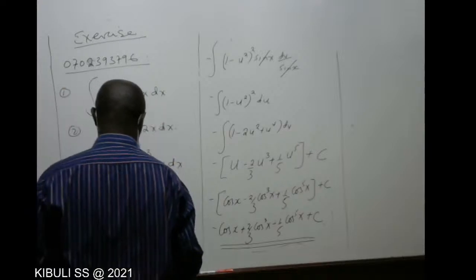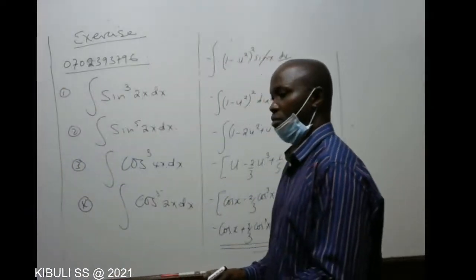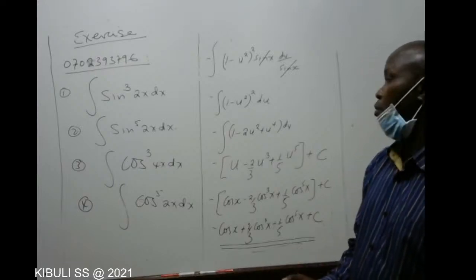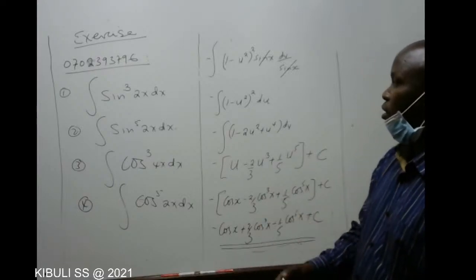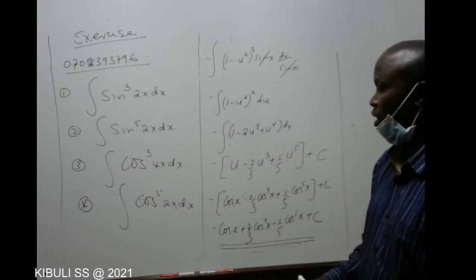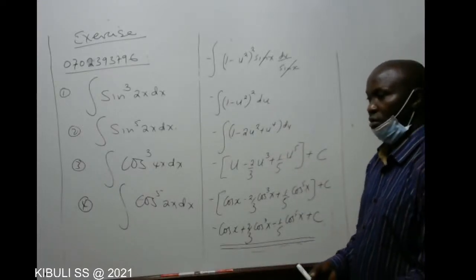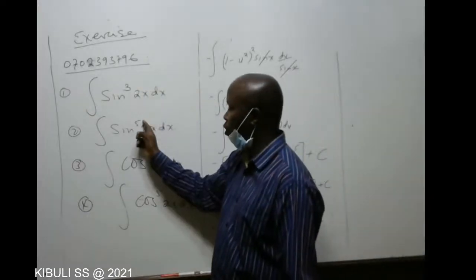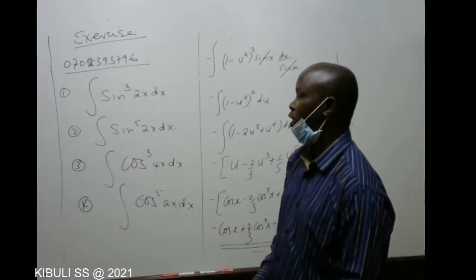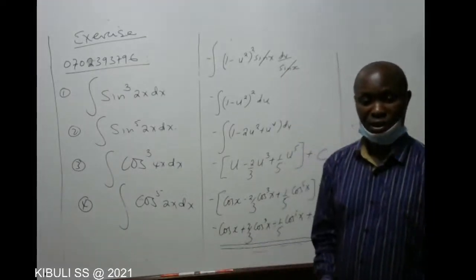These are all odd powers, which means the same principle is going to work. And what's the principle? The principle is using Pythagoras theorem. That's the main concept for today. When you are handling odd powers, use Pythagoras theorem, which was well explained at the beginning of this topic.